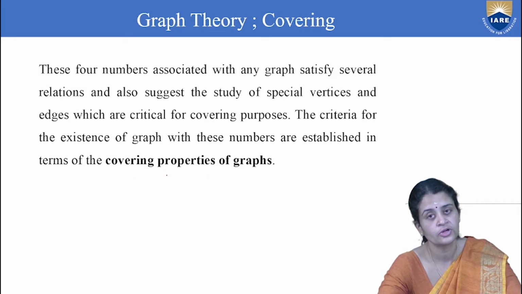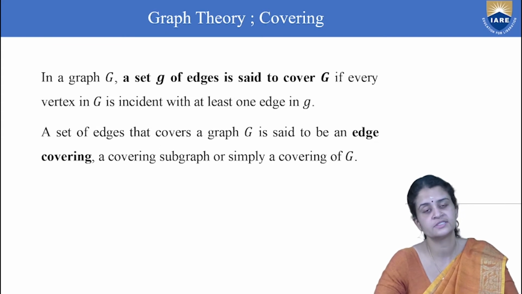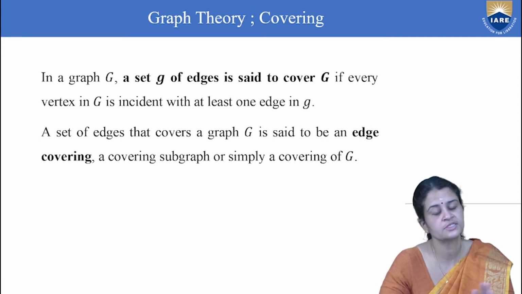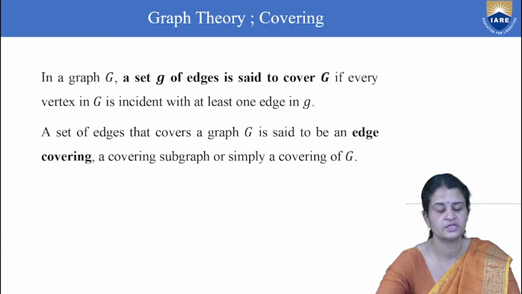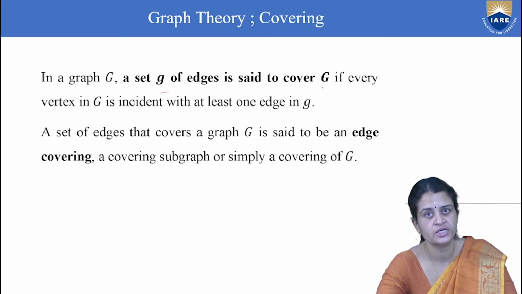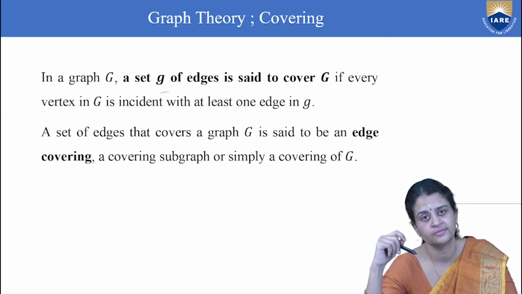Okay, we are going to learn about a graph G and a set of edges. If g is a collection of some subsets of edges of G, then g is said to cover G if every vertex in G is incident with at least one edge in g.